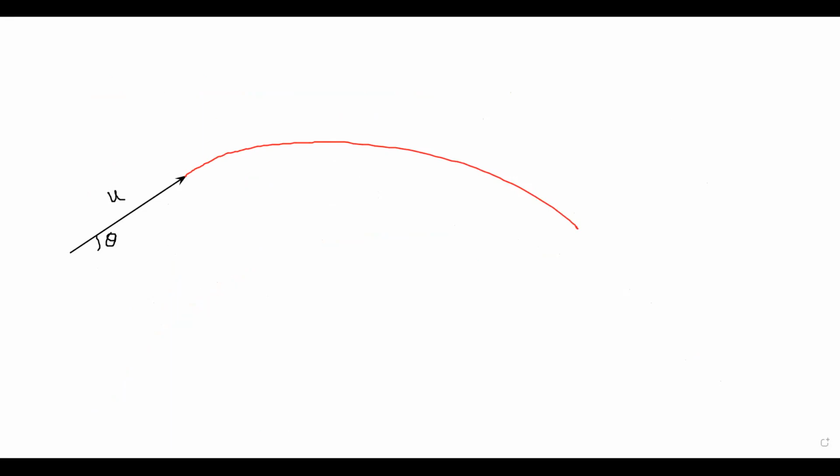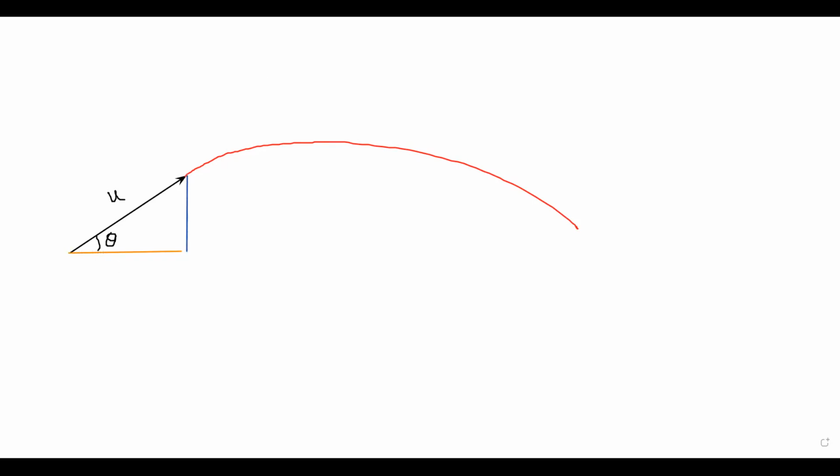Then this has two components. There is a horizontal component as well as a vertical component, so it's making a right angle triangle.